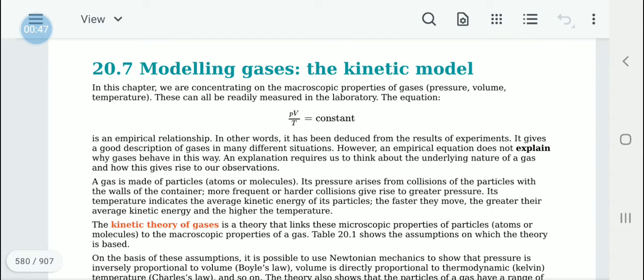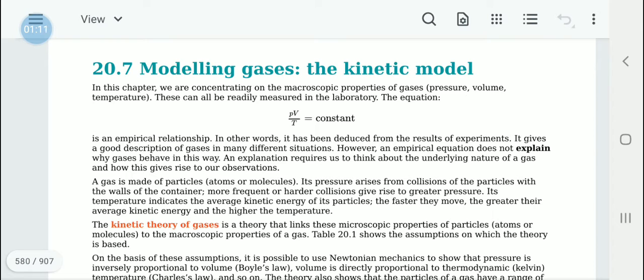So they can be readily measured in a laboratory, and then we get an equation PV upon T, which is going to be a constant. This equation is defined as an empirical relationship. That is, it can be found out by experimentation.